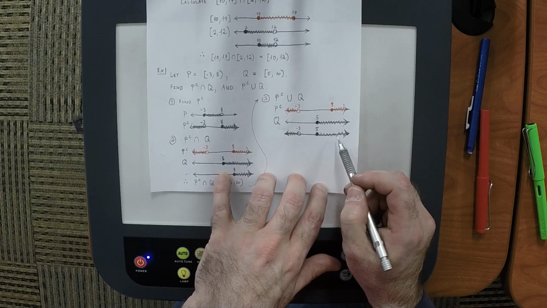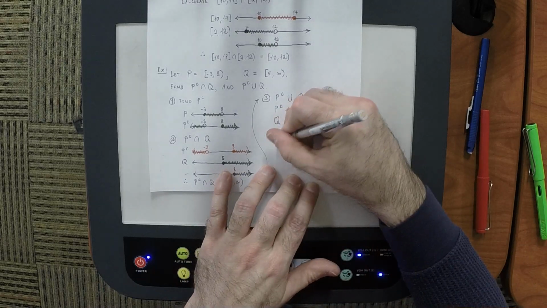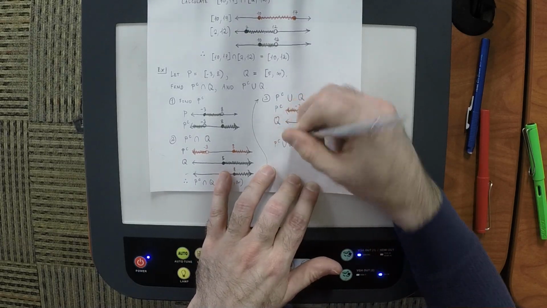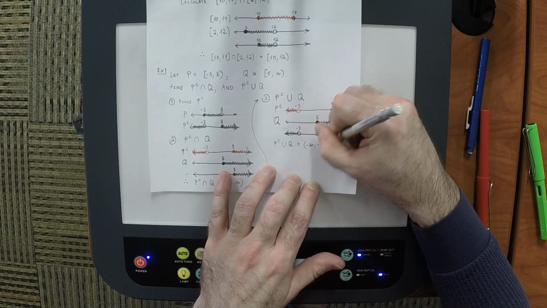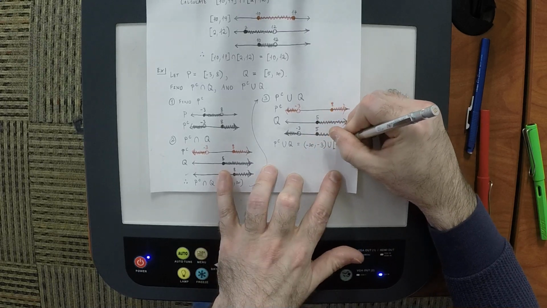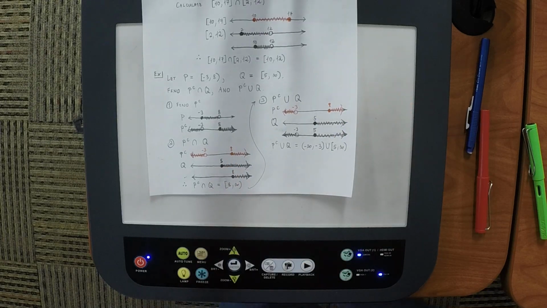And these are red and green, and that's enough. Okay, so then P complement union Q is negative infinity to negative 3 union 5 to infinity. Any question about this?